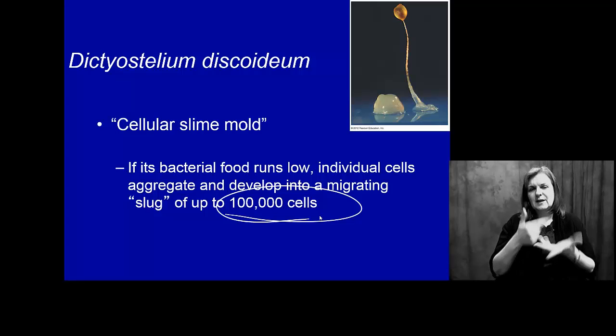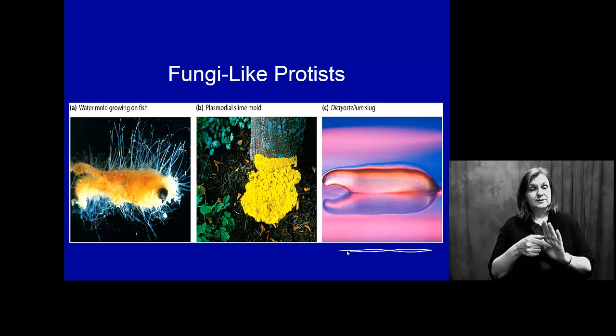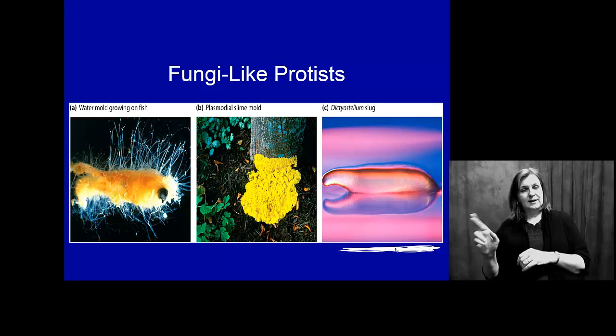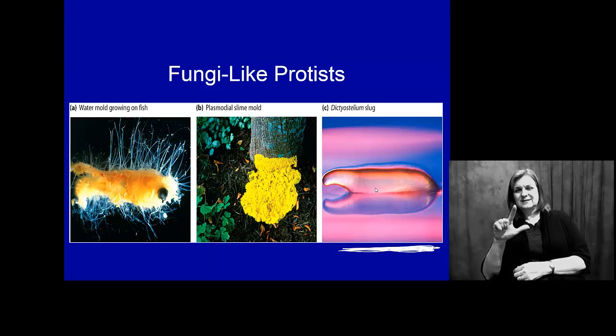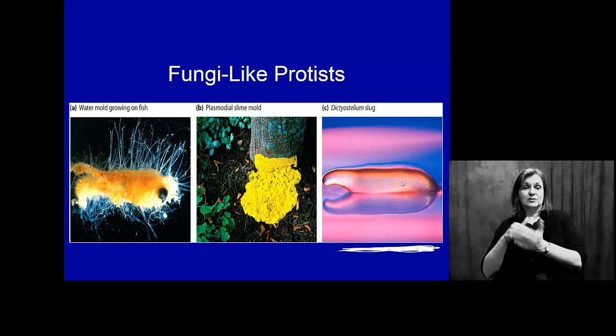Let me show you here. This is a cellular slime mold slug, okay, that's in search of new food. This is hundreds of thousands of cells, potentially tens of thousands to hundreds of thousands of cells on the move to find food, okay.